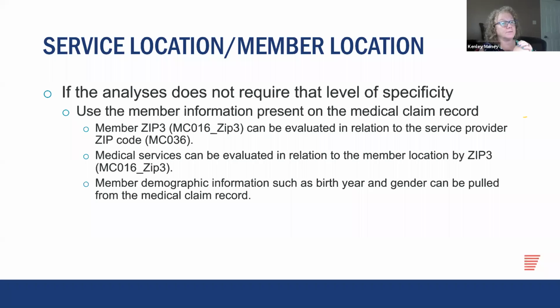As well, first I'll support what you just said. So keep in mind that sometimes the enrollment system is different than the medical claim payment system. And so there could be a gap or a difference in zip codes or zip 3 or whatever that you have.